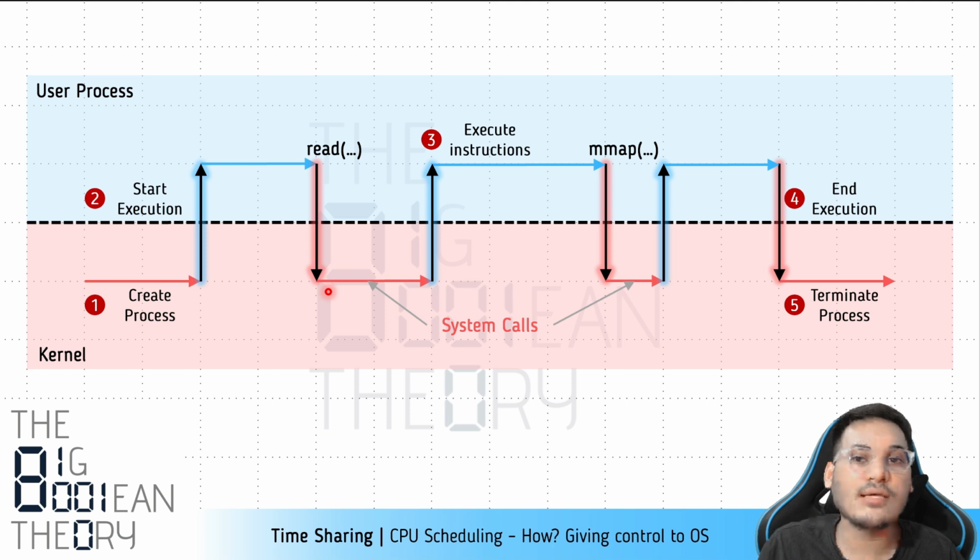Once the operating system has control, it can do anything; it has control over the entire system. The only part we are interested in here is that we need control of the CPU, and that can happen if the user process makes a system call. Once it does, control immediately goes to the operating system. A system call is a type of trap, and whenever a trap happens, control is given to the operating system.